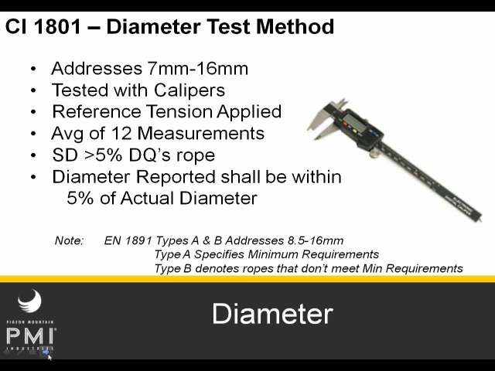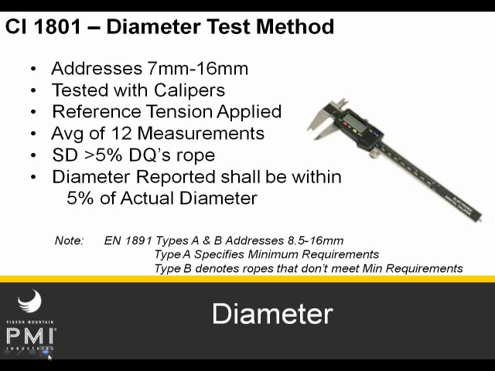The Cordage Institute standard actually specifies how far apart those measurements have to be, and that they have to be measured in different radiuses. So it's a good way to tell that your rope is very consistent. The other thing is that if the standard deviation of those measurements varies by more than 5% throughout the 12 measurements, it disqualifies the rope from actually passing the test.